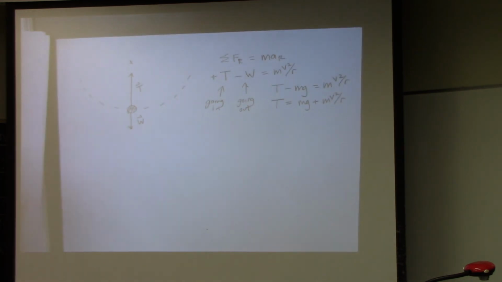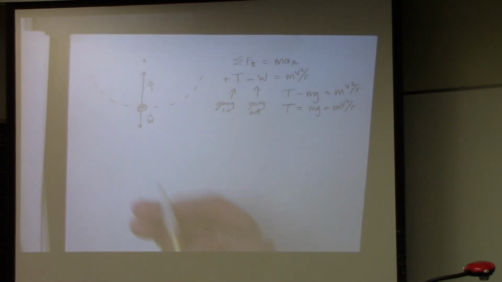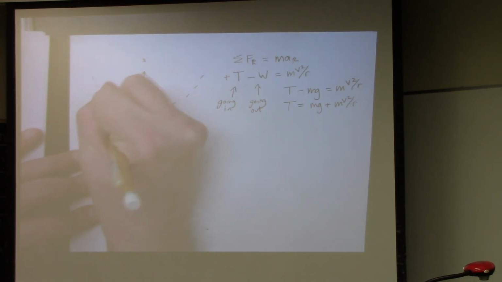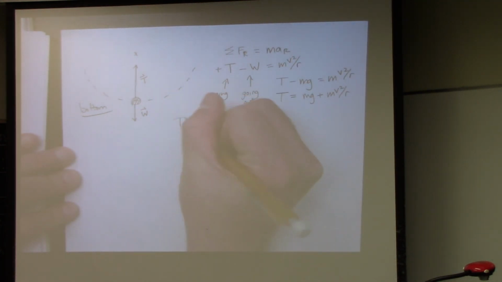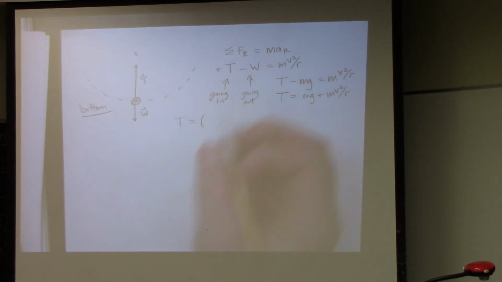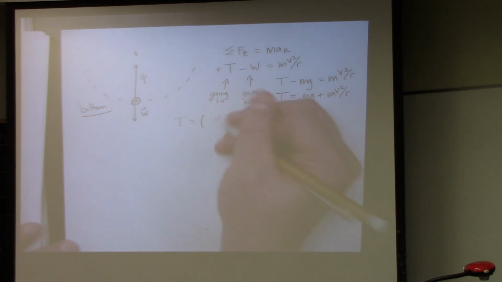That's the tension if we're at the bottom of the circle. So this is something we can now directly calculate. The tension is equal to the mass, which is 375 grams, or 0.375 kilograms. That's the unit we want to be in. And actually that mass is a common factor we can just pull out.